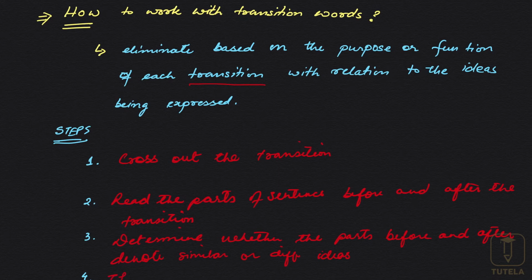You must remember, if they denote similar ideas, you need to eliminate any option that gives you contradictors. If they denote different ideas, you must eliminate all continuous or, for that fact, cause and effect options.